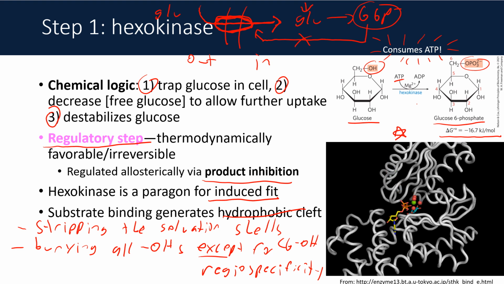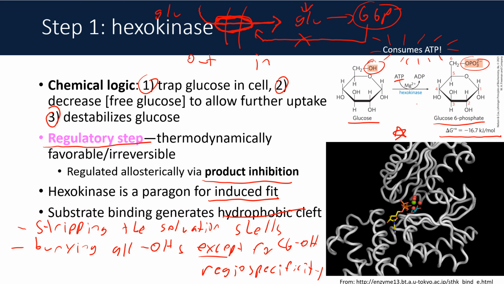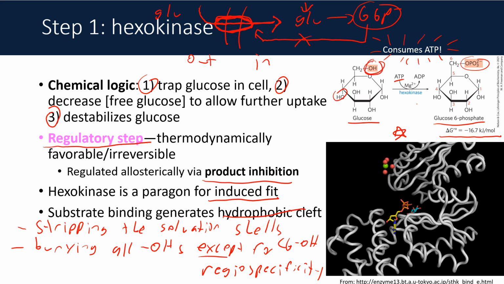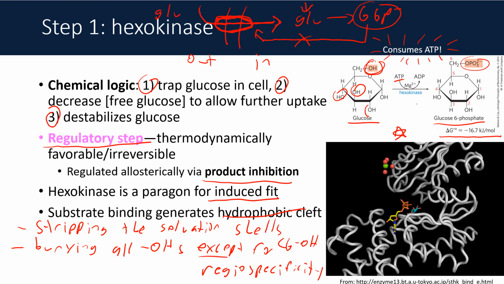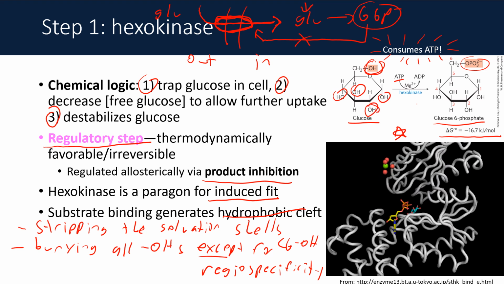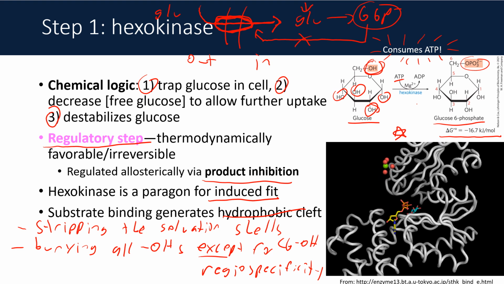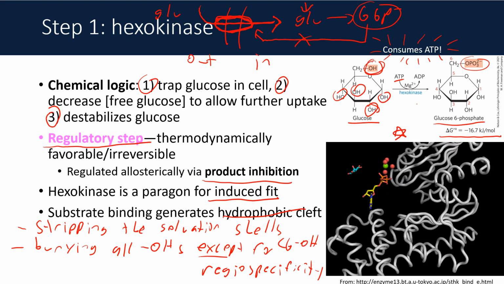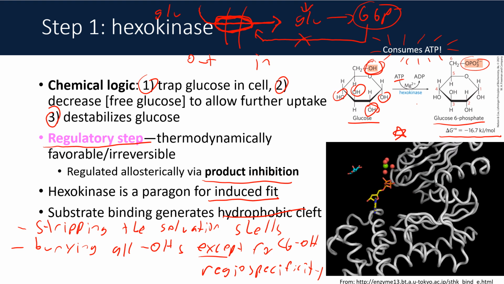This is actually a huge deal. This hydroxyl and this hydroxyl and this and this and this are not dramatically chemically different. If we tried to do this in the laboratory, it's probably going to be more or less a crapshoot which hydroxyl gets phosphorylated. That's the beauty of enzymes.